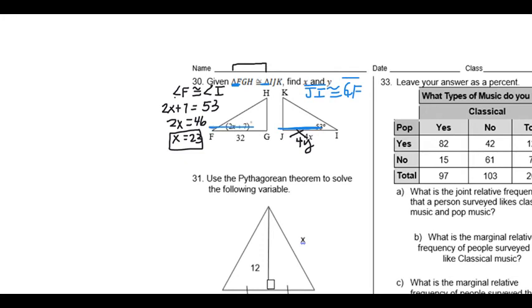And I know that GF is 32. So I'm going to set up this equation for 4y equals 32. So 32 divided by 4 is 8. So that means y is equal to 8. We're done with that problem.